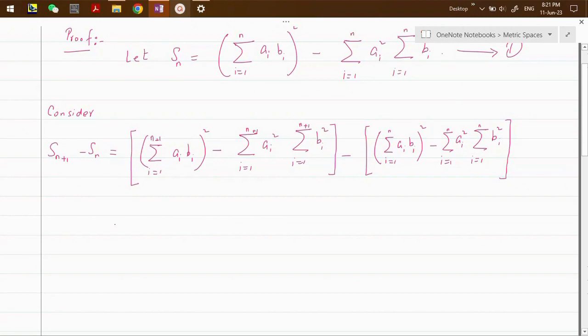So what we do here, in this term we break the summation in two terms. We break this summation in two terms.